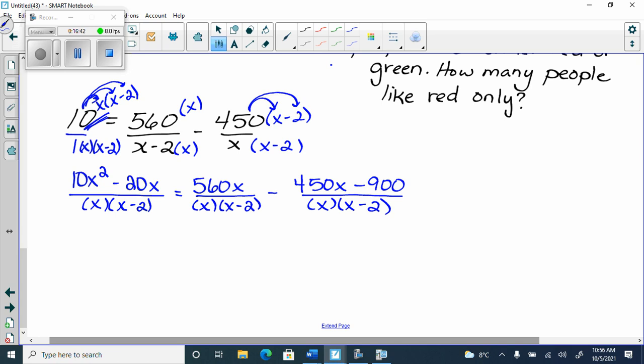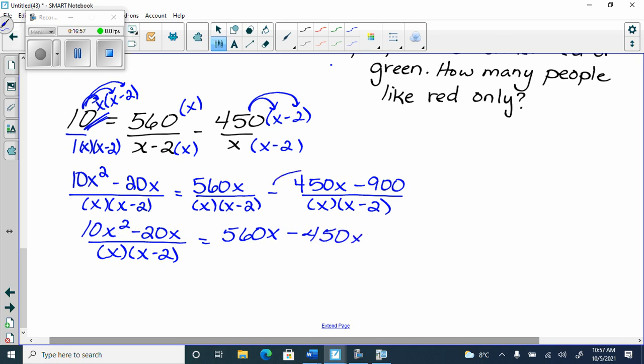And we put this side together, so we get 10x squared minus 20x over x minus 2 equals 560x minus 450x plus 900 over x minus 2. Now my non-permissible values before I drop this off are x can't equal 0 or 2.